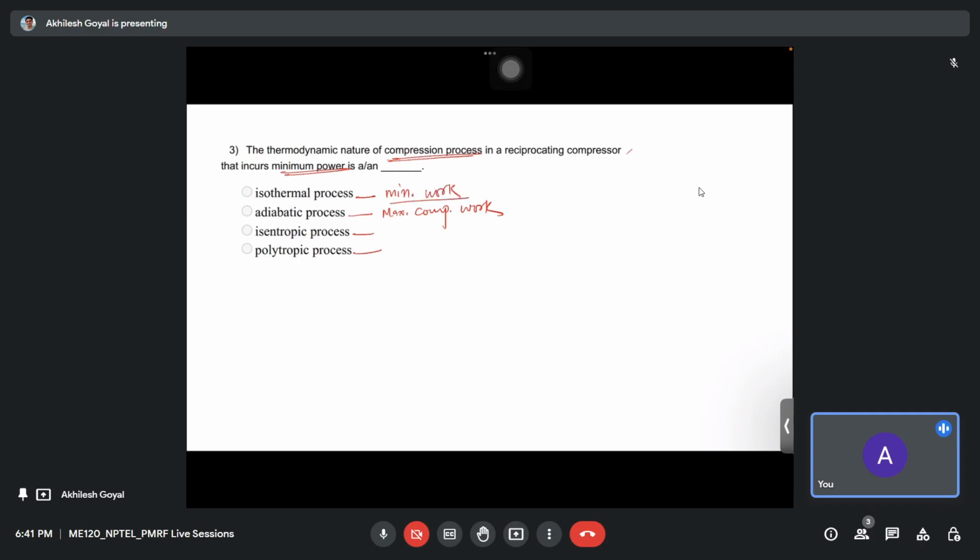So minimum work or minimum power is supplied in the case of isothermal compression. Isothermal means minimum work, reversible adiabatic means maximum compression work, and the polytropic processes are in between isothermal and adiabatic.